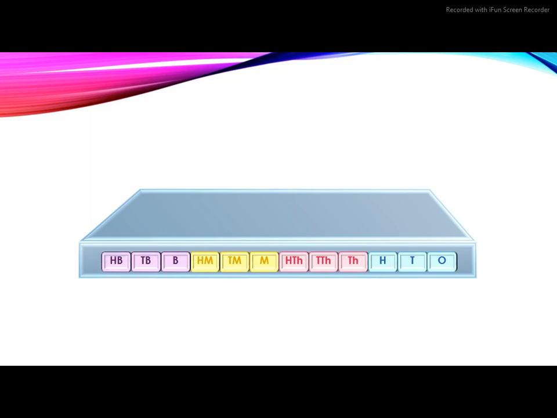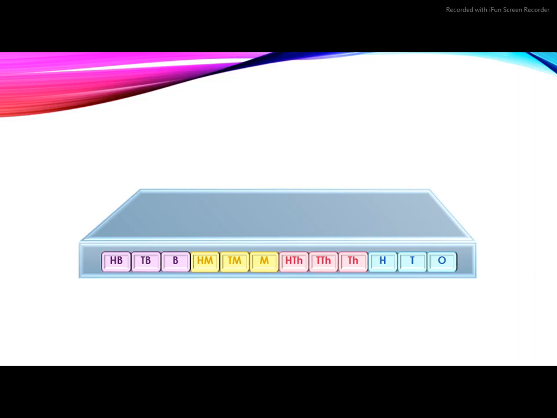Next is T for tens, H for hundreds, TH for thousands, TTH for 10,000s, HTH for 100,000s, M for millions, TM for 10 millions, HM for 100 millions, B for billions, TB for 10 billions, and HB for 100 billions.